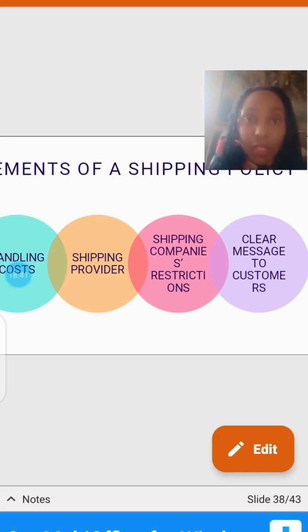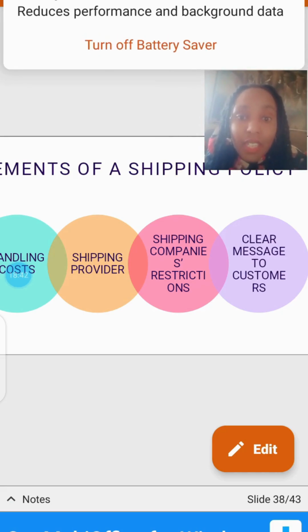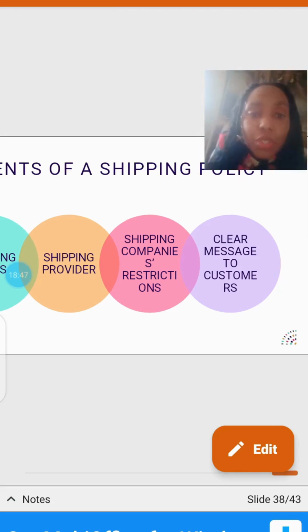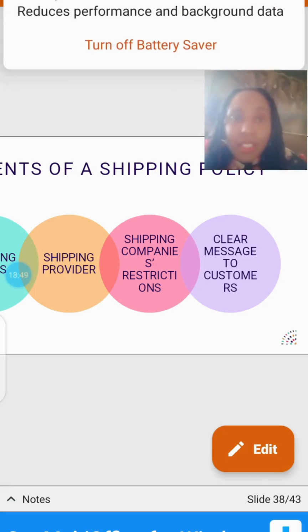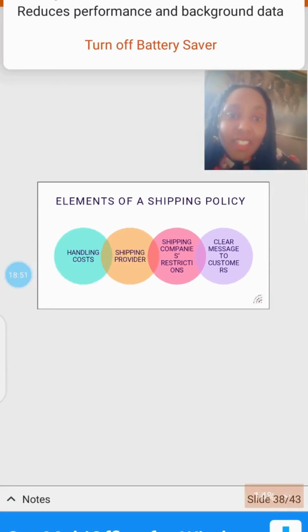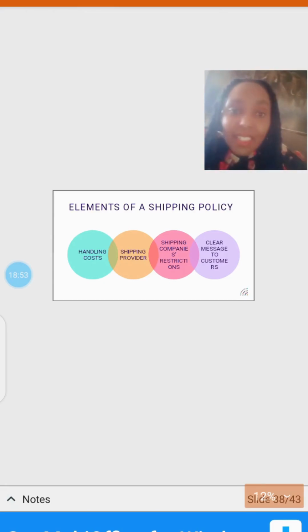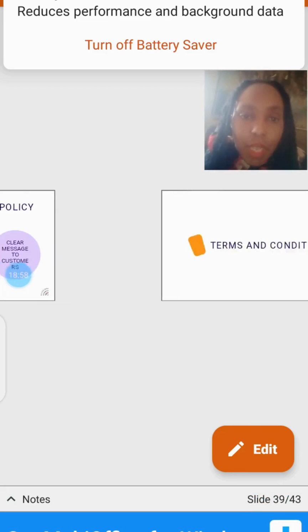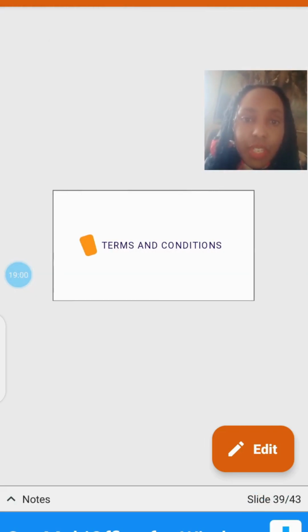Those are the elements you must make sure the customers understand. Probably they can't just return like that. Make sure they're also friendly to the customer.